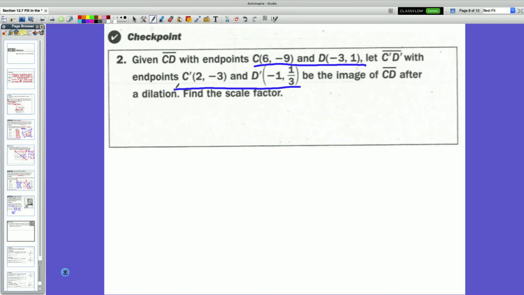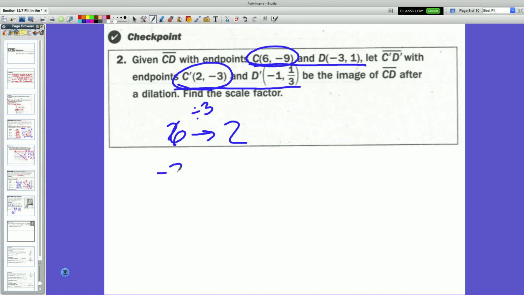Okay, so what I am going to do is look at C and C prime. You can just pick one ordered pair. That's the easiest way to do this, in my opinion. And I'm going to say, okay, how do I get from 6 to 2? Well, I would divide by 3.